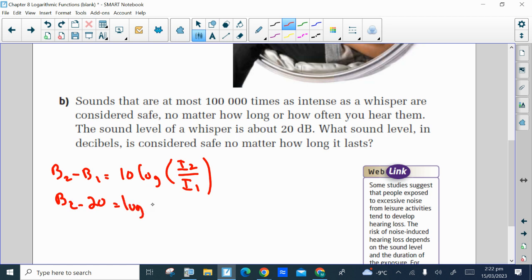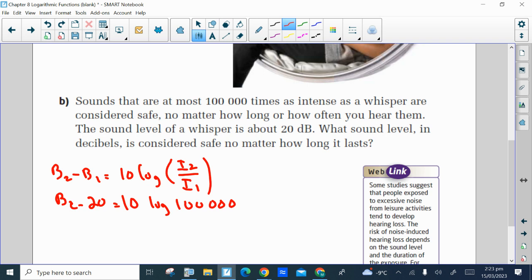And we are told that the one sound is 100,000 times as intense as the other. So that 100,000 represents the ratio of I sub 2 over I sub 1. On the previous question, we found out how many times more intense the sound level of the media player was compared to the sound level of the chainsaw.